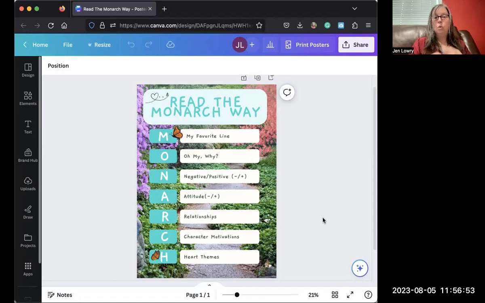N is going to allow you to see the shifts and changes that are occurring within the plot, within character interactions, within setting. This is so impactful. So I need you to really try this negative positive strategy.